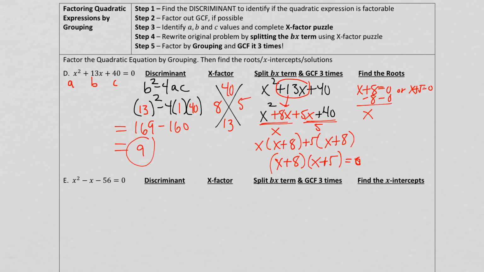So here I find x equals negative 8, or x equals negative 5. Again, these are called roots, but they'll also be called x-intercepts or solutions, or in fact even zeros.